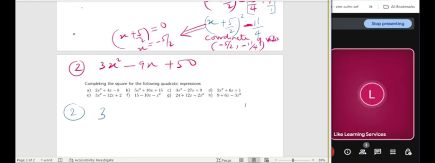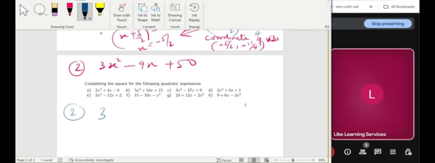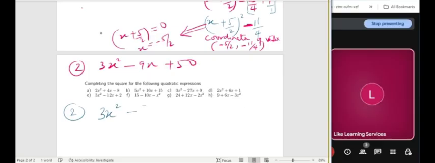I was trying to caution you about something. Yes, you divide through by 3, but you're not going to throw it away. We have 3x squared minus 9x plus 50.